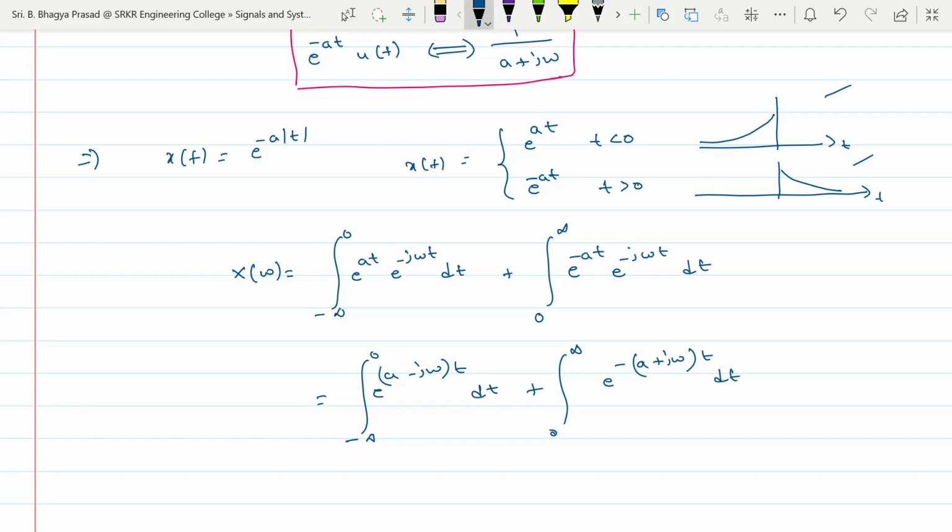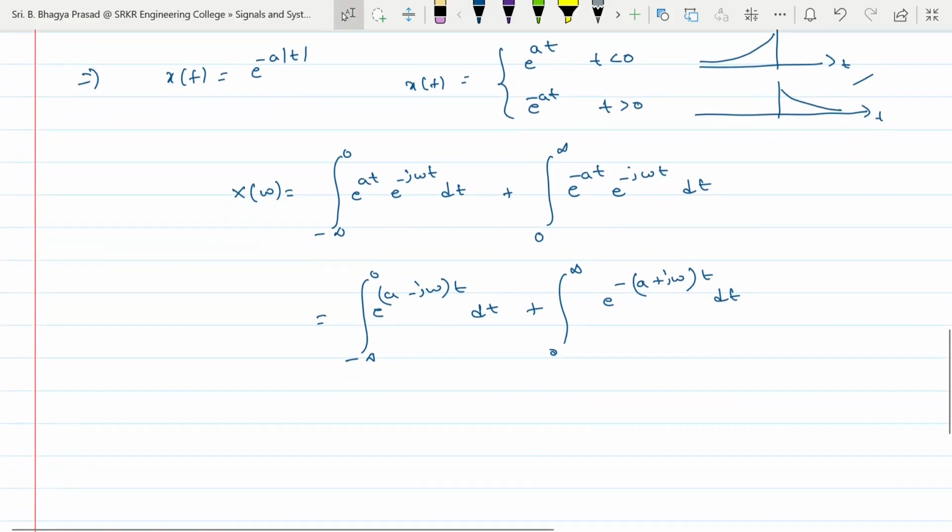By considering the integrals in the range of minus infinity to 0 and 0 to infinity, we will get an answer 2a by a square plus omega square. Okay, and this is the Fourier transform of e power minus a mod t.